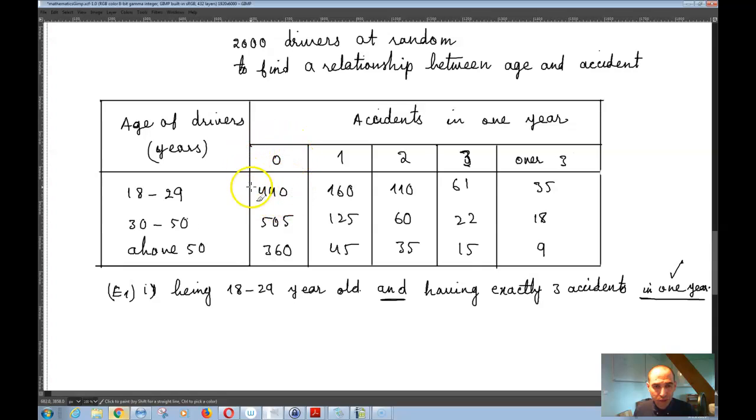So 0 accidents happening was 440 times. 440, 160, 110, 61, 35.